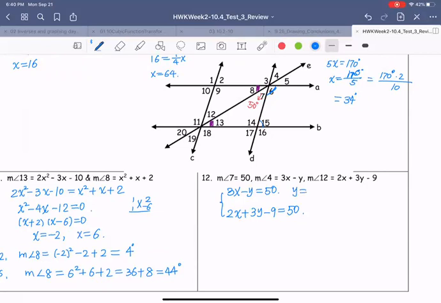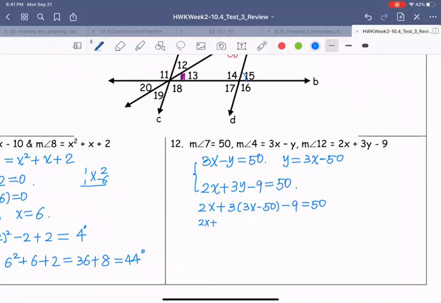So we can use a substitution method also. Sorry, my phone was not off.